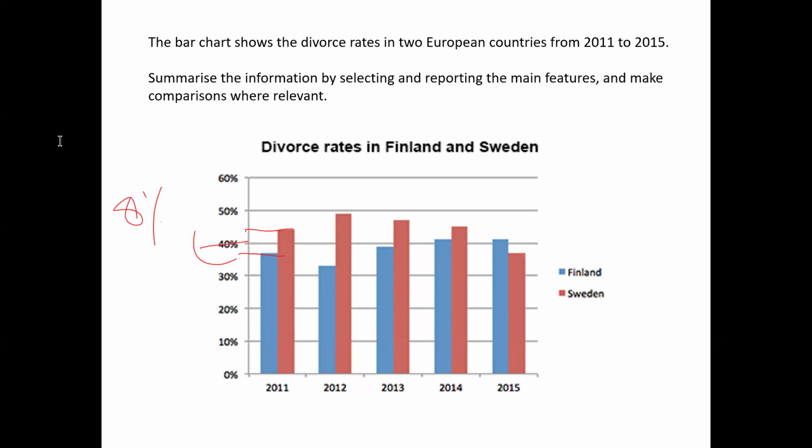Am I right? So simply we can say the divorce rate in Sweden in 2011 was about 45%, which was 8% higher than that of Finland. Am I right? Yes.